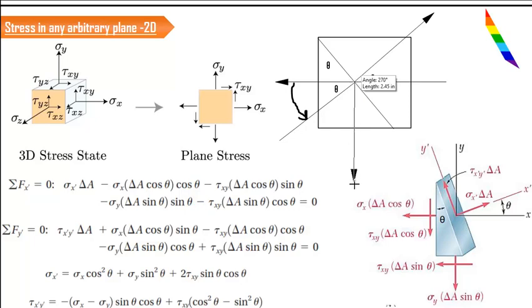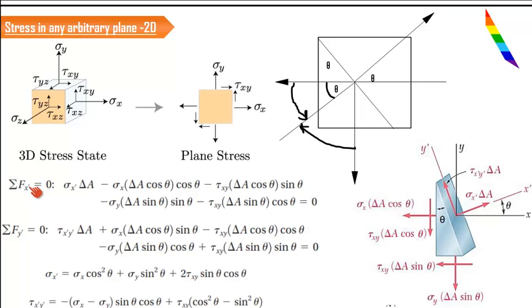This is the direction of sigma y. Sigma y delta a sine theta is acting in this direction, and you are supposed to resolve this sigma y into this particular direction. So it will take a sine, because this is considered as theta here. So this value is going to be sigma y delta a sine theta into sine theta. So right now you have resolved all the components of forces into the x dash direction.